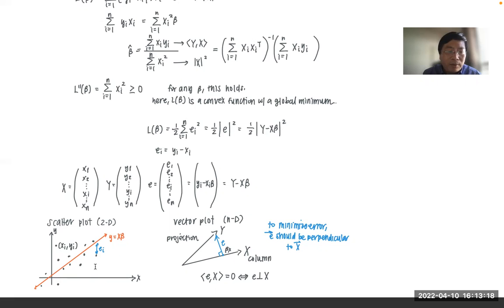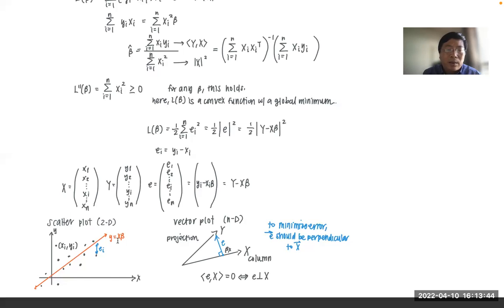And then for each observation (xi, yi), if we look at the difference between the observed yi and the predicted yi, this difference is our ei. Our e vector is an n-dimensional vector that collects all those ei.